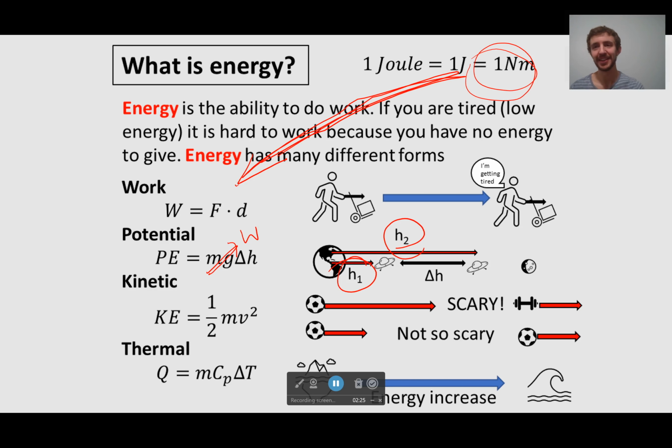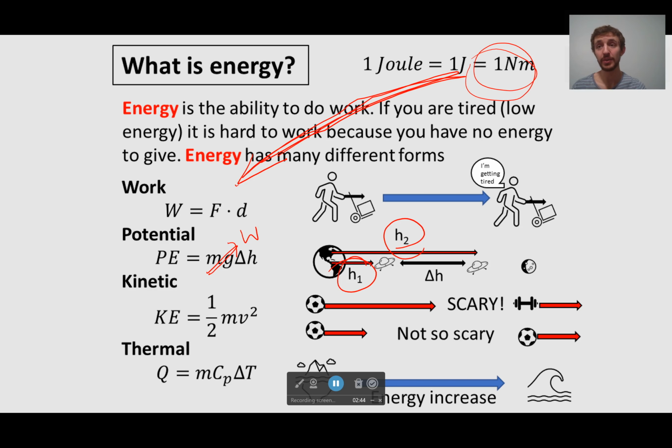Okay, sorry, I had to set that up. But one of those is much scarier than the other. They have the same mass, but one is going much faster. When it comes to kinetic energy, it's velocity squared, so it goes up much faster as a function of velocity than of mass.